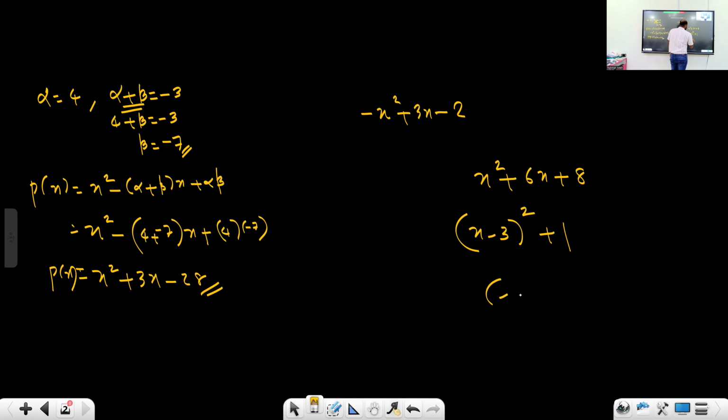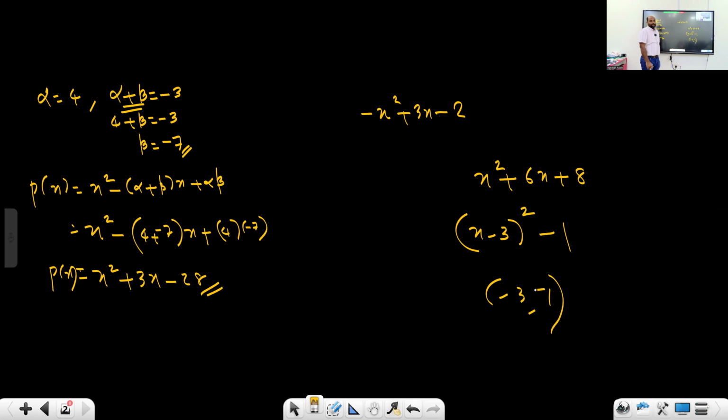This vertex will be (-3, -1). That only we got in the diagram. Vertex (-3, -1) only we got. Like that the vertex will come.